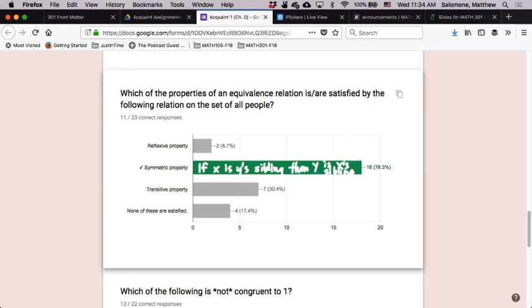What about the other properties? So tell me about the reflexive property. Not many people said that this was satisfied by the sibling relation. Why not? If it's not satisfied, what kind of a counterexample can you come up with? First of all, how would the reflexive property read in the case of this relation? x is x's sibling. You are your own sibling.